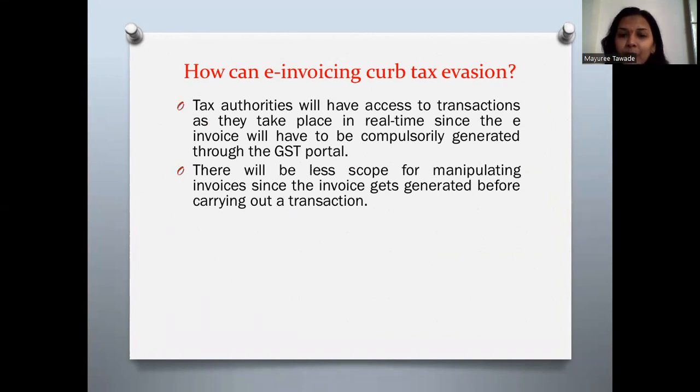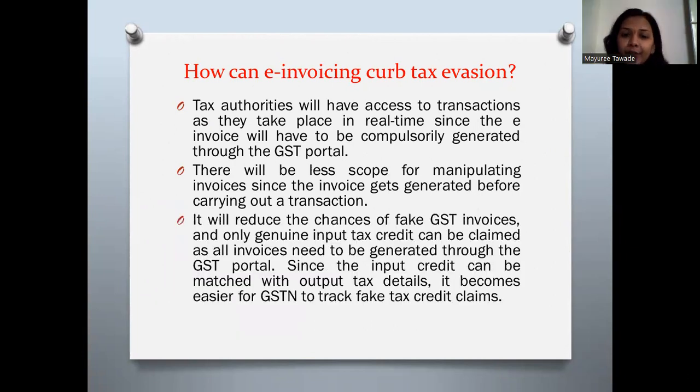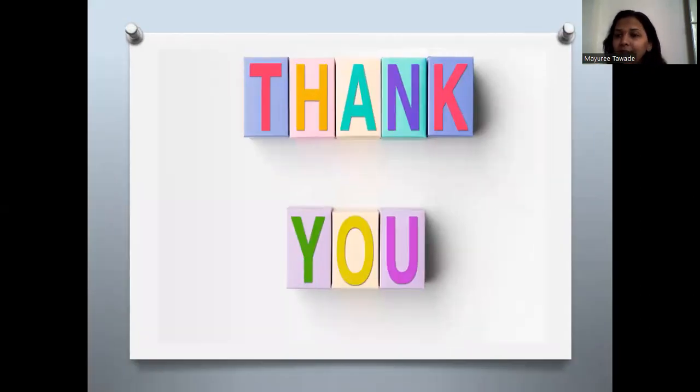There will be less scope of manipulating invoices since the invoice gets generated before carrying out a transaction. It will reduce the chances of fake GST invoices and only genuine input tax credit can be claimed, as all invoices need to be generated through the GST portal. Since the input credit can be matched with output tax details, it becomes easier for GSTN to track fake tax credit claims.